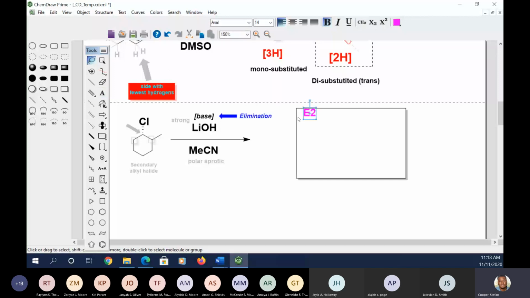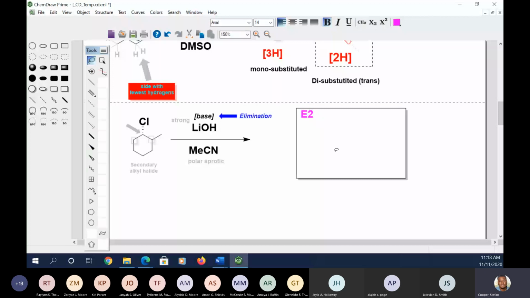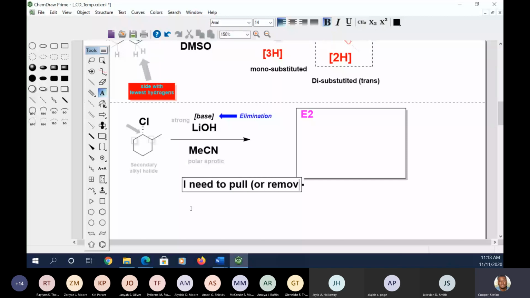All right, we're going to do the mechanism here shortly. Let's see, can we do this without the mechanism? That's where I'm hoping you guys can get, but maybe not right now. So the way that elimination works is that I need to pull, or remove, however you like to say it, I say pull, a proton from a carbon neighboring the alkyl halide.